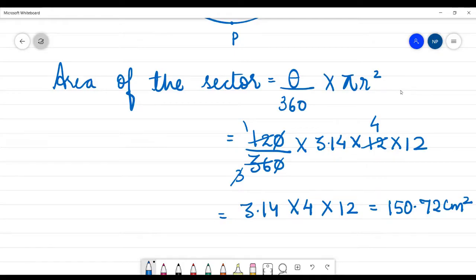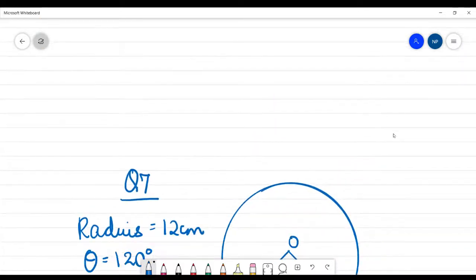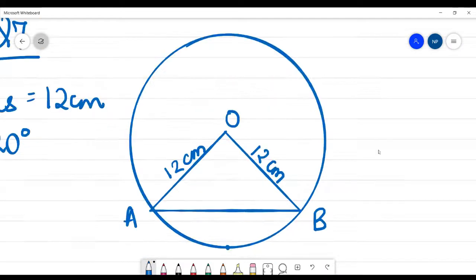Now the most important part is to take out the area of the triangle AOB. Alright, first understand with the help of the diagram that is given here. In this triangle, we are going to drop a perpendicular from O to B. Alright, let this point be D. Now, this is 12 centimeter, this is 12 centimeter, the angle over here is given as 120 degree, isn't it?